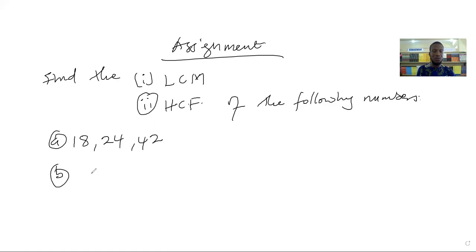B: 28, 42, 56. Yeah, you can find your own set of numbers and then you add up just to check and see whether you are doing well.